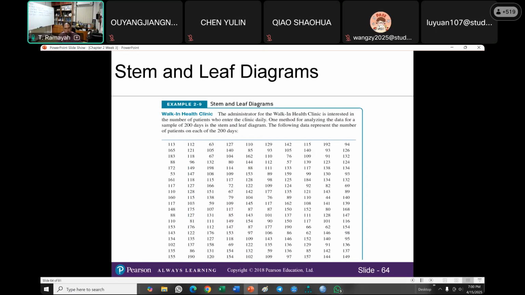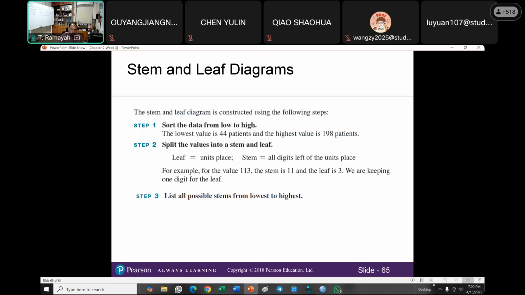Another diagram that you can present is called the stem and leaf. After you have all this data, for the stem and leaf diagram we first need to sort the data from the lowest value to the highest value. And then the leaf will present the unit.